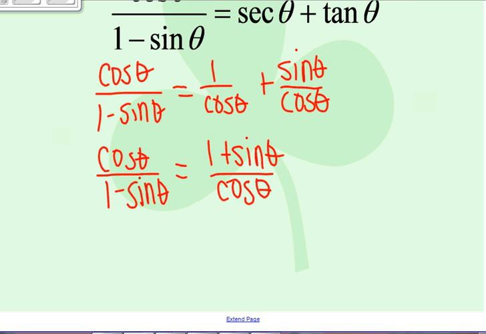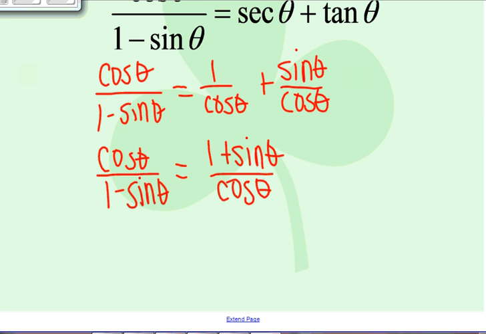All right. Well, looking at that, I'm like, man, those look close, but they're like reciprocals. So what do I have to do? What can I change? What can I do to make these equations equal?